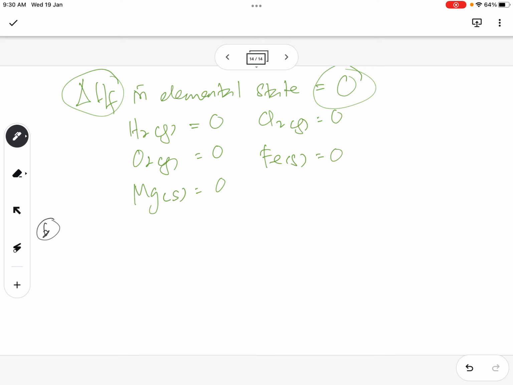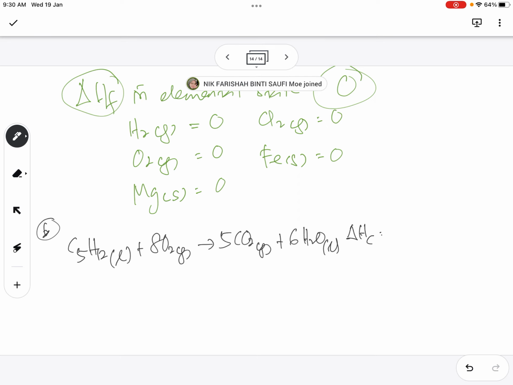So C5H12 liquid, 8O2 gas, 5CO2 gas, 6H2O liquid, delta HC equals to minus 3509.1 kilojoule per mole. Okay, that is the thermochemical equation.